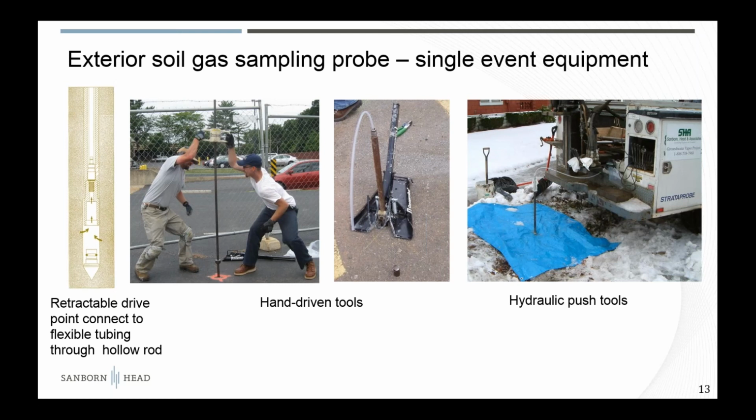And then the point is knocked off, and the tubing is threaded down in through the hollow rod, and then that tubing can be connected to either your Summa can or to a peristaltic pump, where you can extract the vapor into a Tedlar bag, for example, if you're just interested in screening level type data. And this can be done again either by hand or by machine.